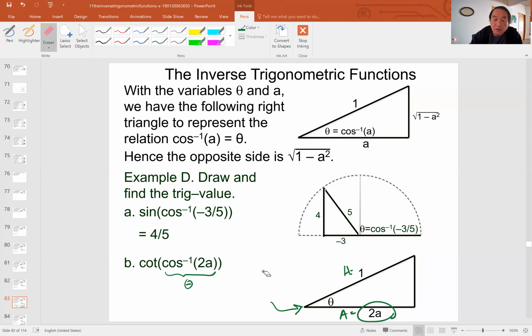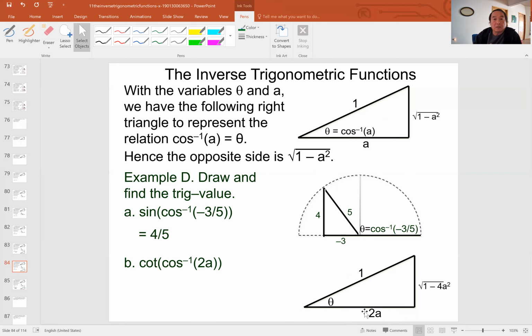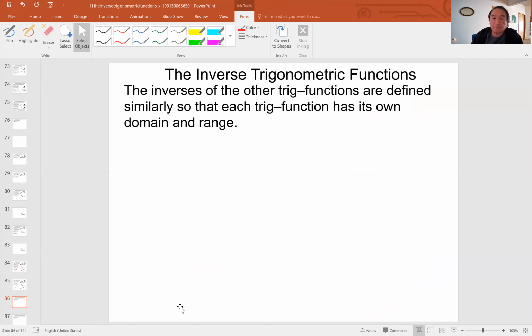By the Pythagorean theorem, that tells you the third side. This is the reference triangle for theta. Now I want cotangent of theta, and I extract it by reading it off that reference triangle. We will use this trick next time when we talk about derivatives of these inverse functions.